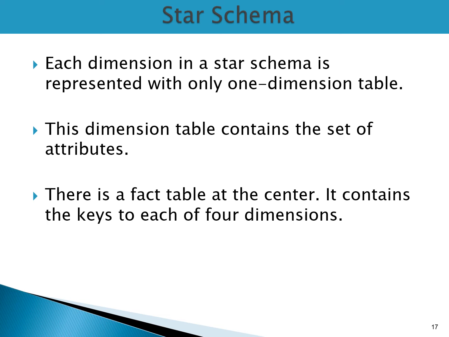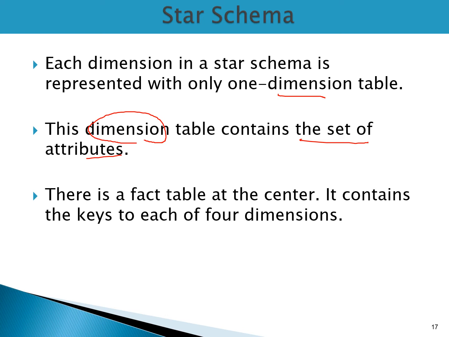Each dimension in the star schema is represented with only one dimension table. The dimension tables in star schema are denormalized, that's why it has fewer join operations. This dimension table contains the set of attributes, all the attributes related to that dimension will be in one dimension table.